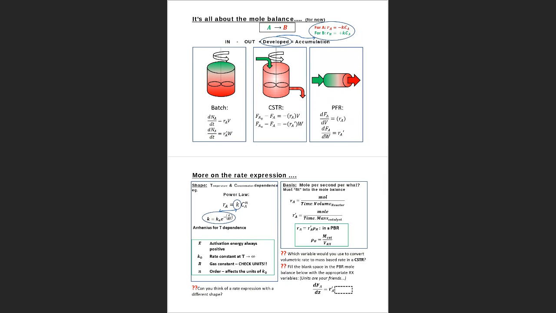My word of warning is the balances we are going to solve are the mole balances. Mole balances, mole balances. There is no such thing as a concentration balance. My suggestion to you is, when you solve stuff in Python, start with your mole balances and solve for FA, or in a batch reactor, solve for NA.